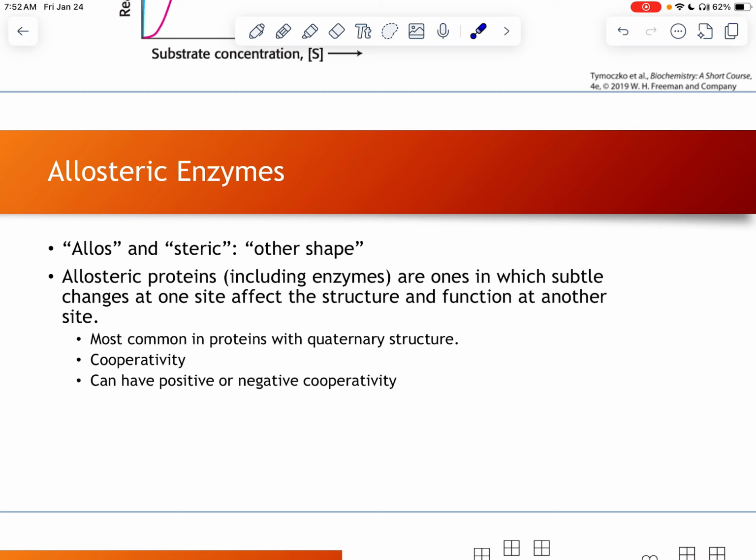Most commonly with quaternary structure, we call this cooperativity. We'll use that term more a little bit later. We can have positive or negative cooperativity, where something either makes that enzyme work faster, or negative, where it works a little slower.